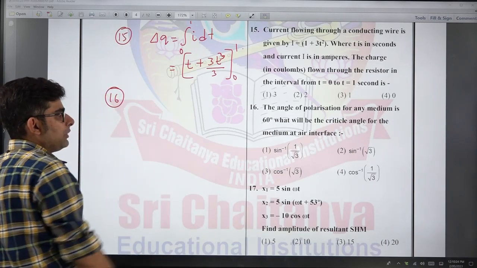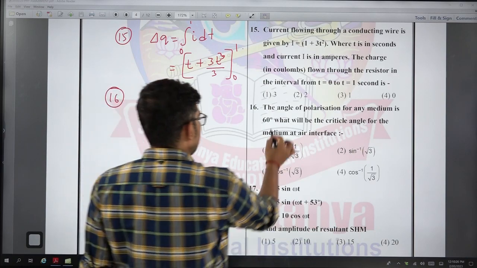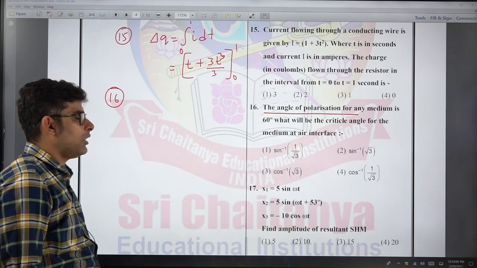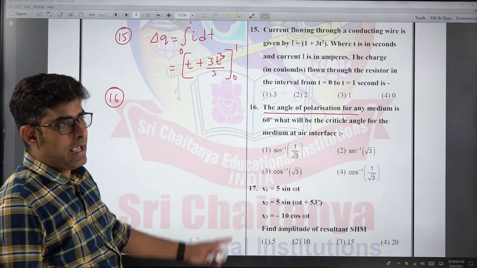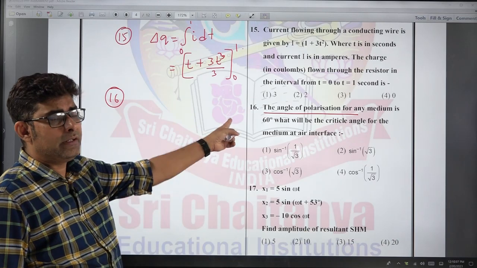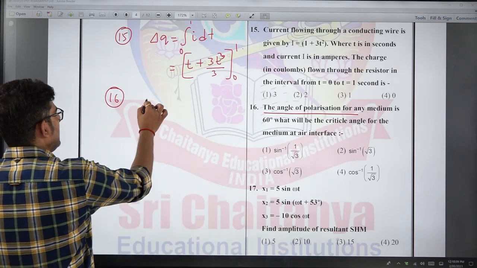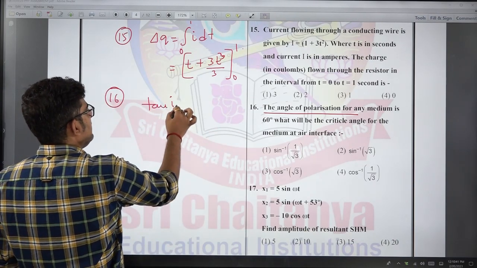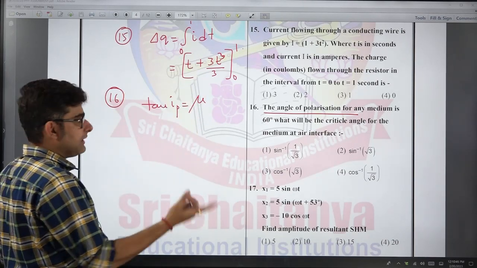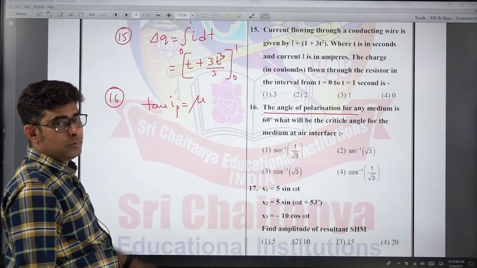Let's move quickly to 16. Angle of polarization. As soon as we hear, we know of a law called Brewster's law, Brewster's angle. Angle of polarization is the other name for Brewster's angle. For the medium it is given as 60 degree. So we have studied tan IP equals mu, if we consider the rarer medium as air and the denser medium as mu.